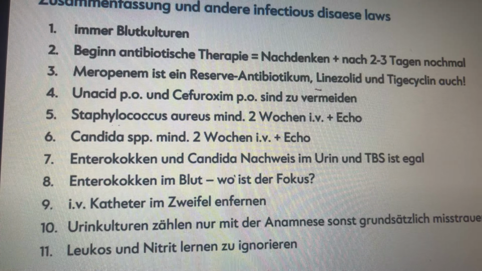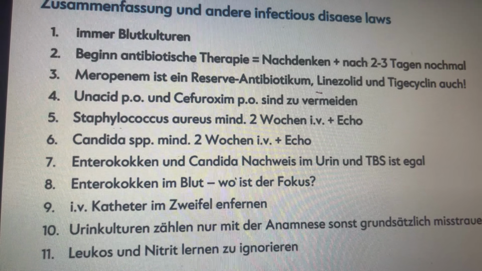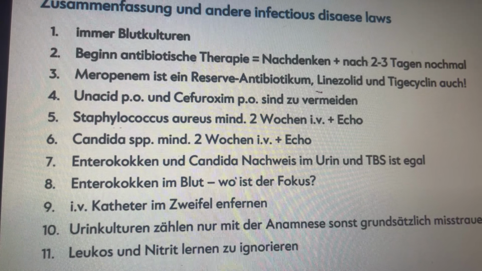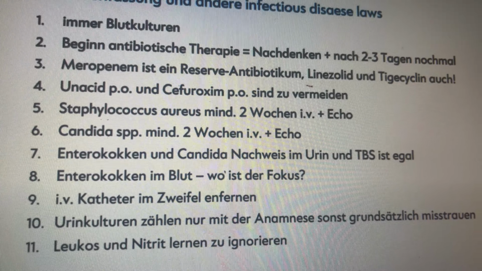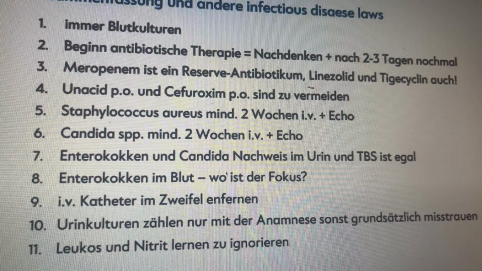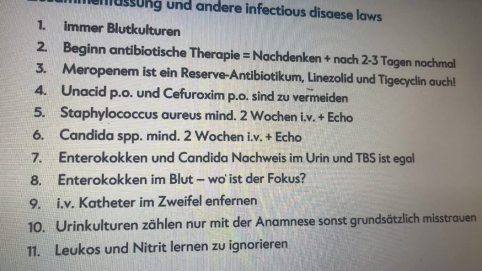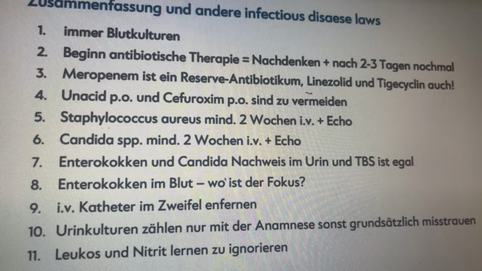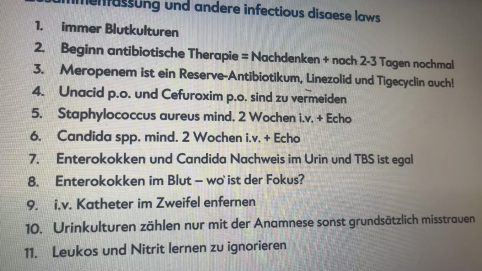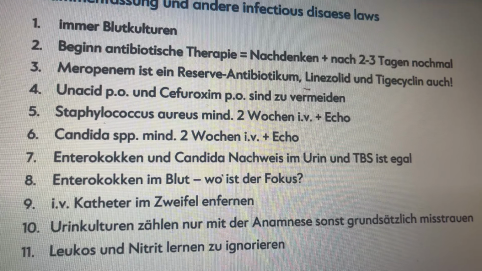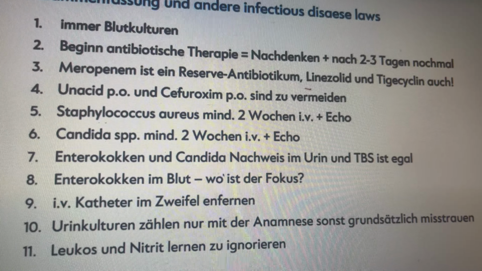And apart from that, if there are catheters which may be the source of infection, then they should be taken out from the body. And apart from that, we have to think critically if we have bacterial UTI, so we have to ask the patient if they are really symptomatic, and see if they have fever to begin the therapy.